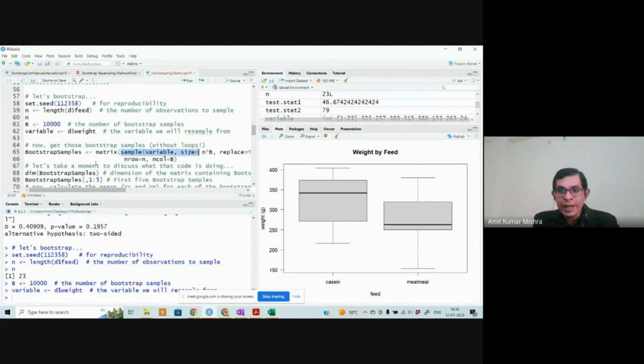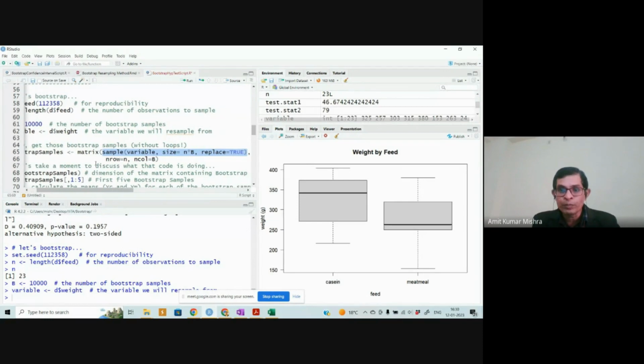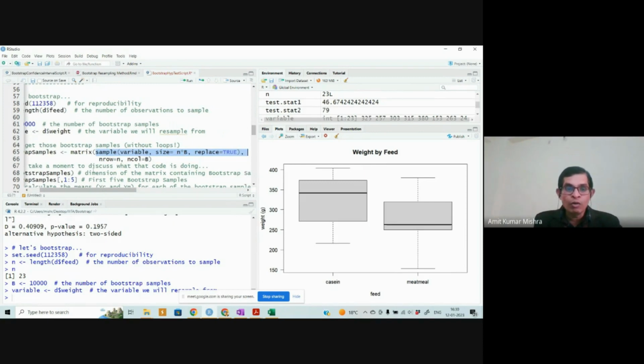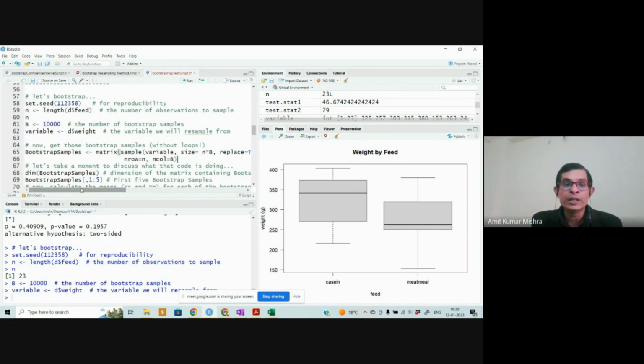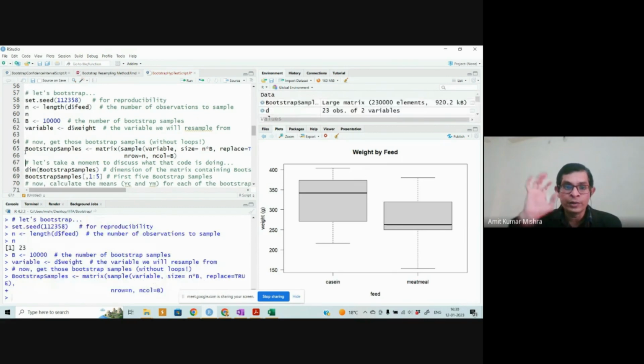You need N times B samples. N is 23, B is 10,000. So you are drawing 23 times 10,000 samples from this variable with replacement, replace equals TRUE. And you are putting this data into a matrix with n rows, that means 23 rows, and 10,000 columns. Control enter. Now your data has been generated.